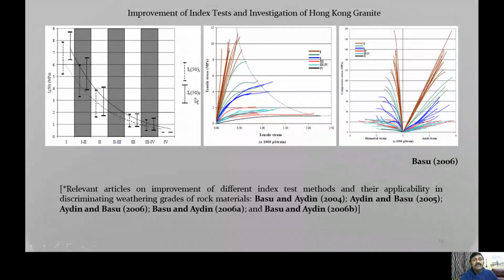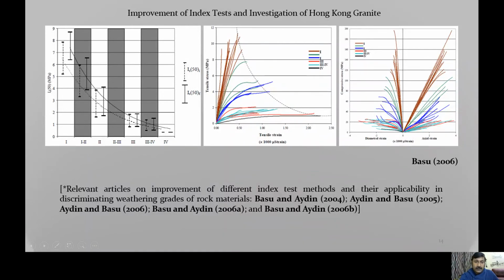Okay, so this IS50 final is the point load strength index when the depth of cone penetration was considered. So it is giving a better result than the situation when this depth of cone penetration is not used.